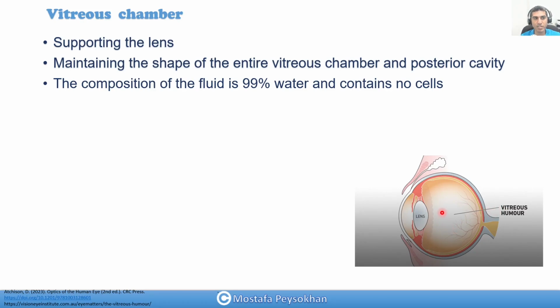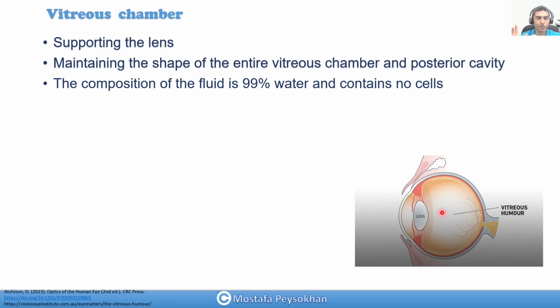This side we call the posterior cavity, and the composition of this fluid is 99% water and contains no cells. It makes sense, because if you have cells, you have scattering, but this is a part of the eye that light is passing through. We don't want to have scattering.